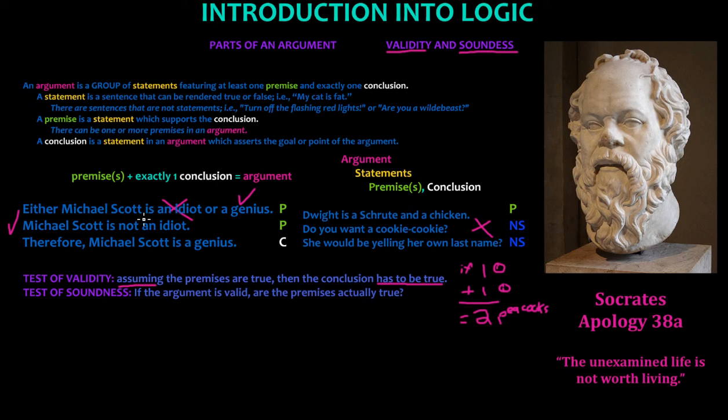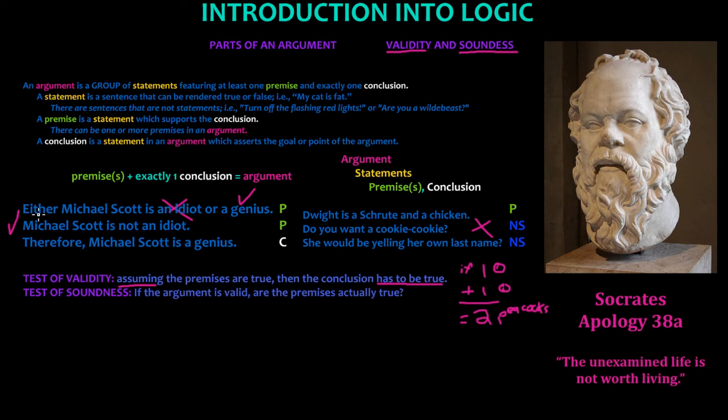So either Michael Scott is an idiot or he is a genius. We know that Michael Scott, that fictional character, is an idiot. So this is still true. This premise did say that he is an idiot or a genius, but it's not choosing for us. It's not determining that he is an idiot or a genius.